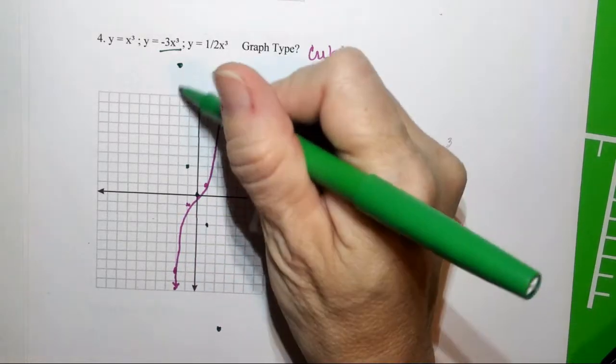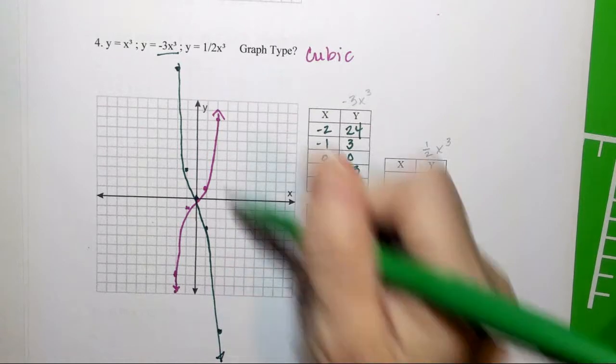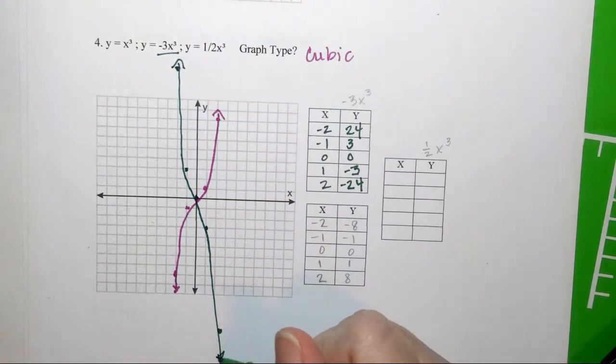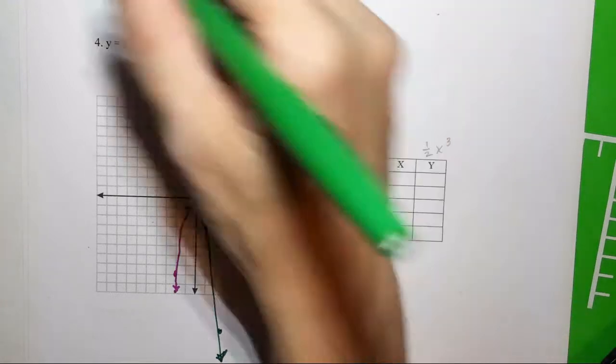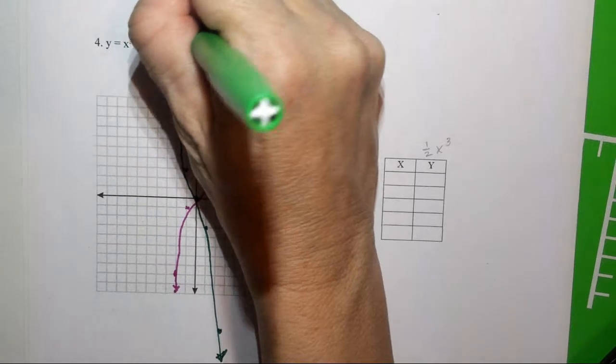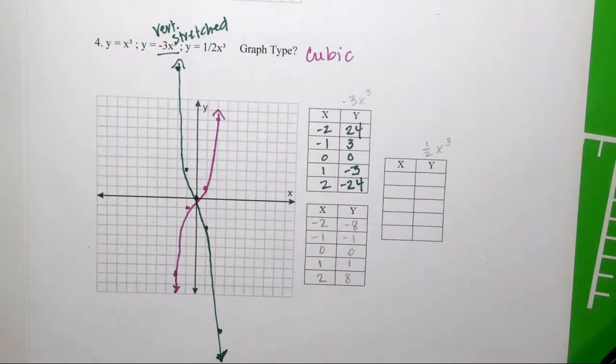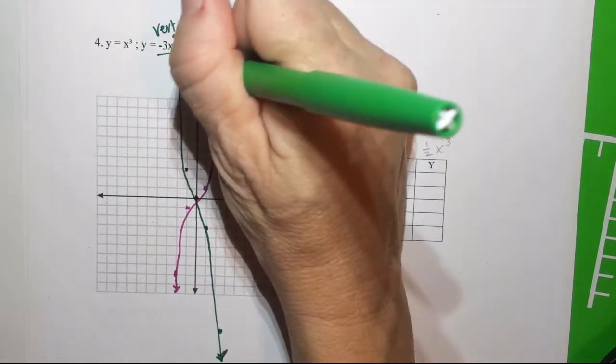Make it down here. So this one's a little bit skinnier, standing up a little taller. So this is going to be our vertically stretched. Did we have any reflection going on? This time we reflected the y-axis.